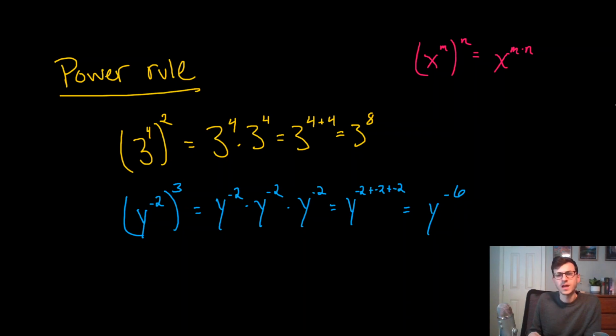Now, what does that look like if I have a monomial, right? What if I have something like 7x to the 4th squared. What would that be?